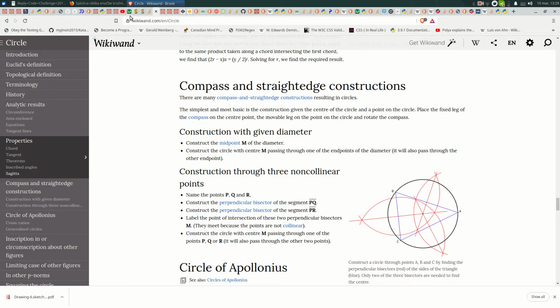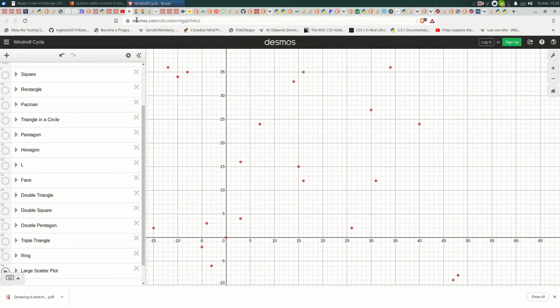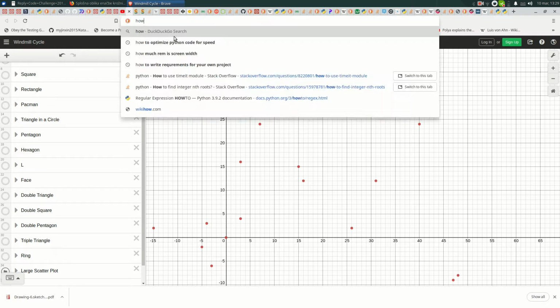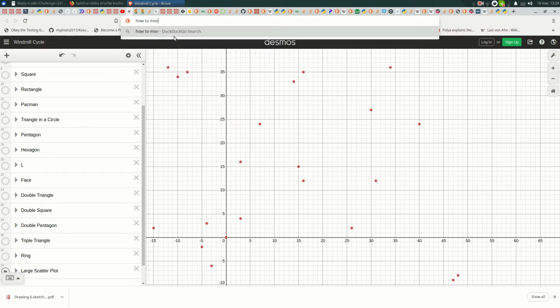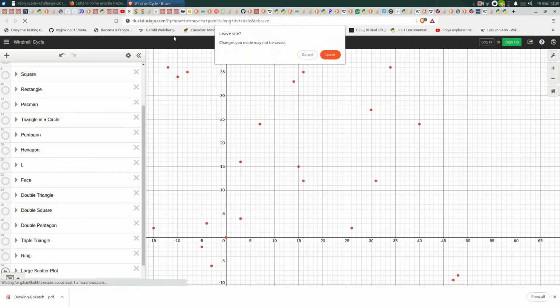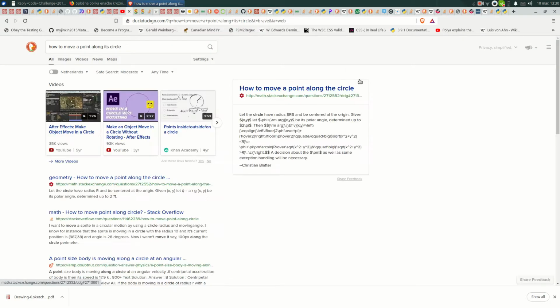So we say how to move a point along its circle. Is that a correct expression? How to move a point? Yeah, it's even on Stack Overflow. All right, we're back.